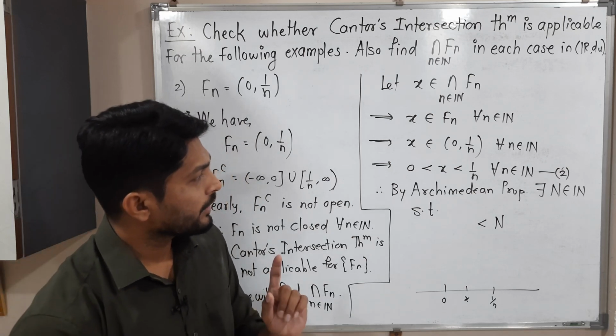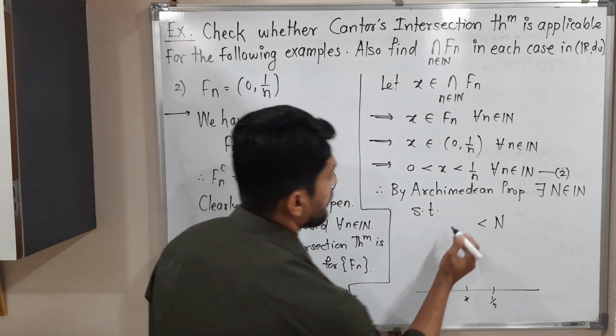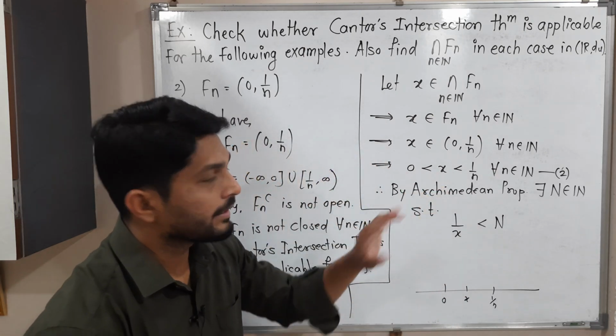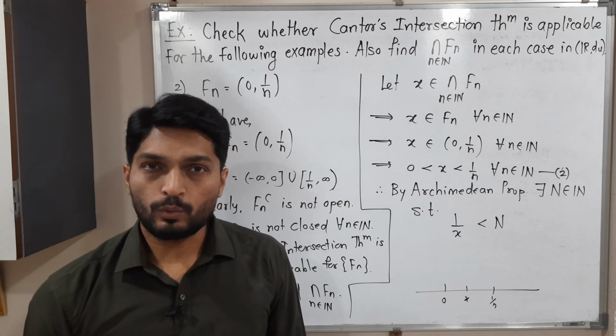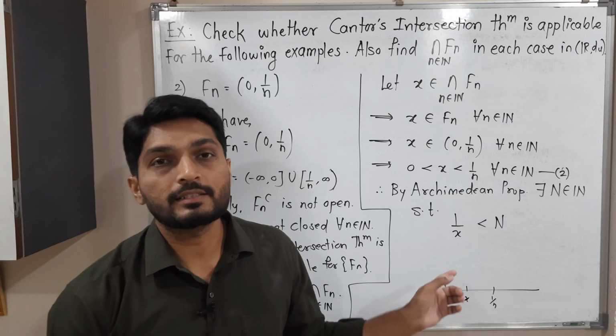This time I will take the real number 1/x. No need to worry: x is greater than 0, so x is non-zero, and taking the reciprocal is safe.